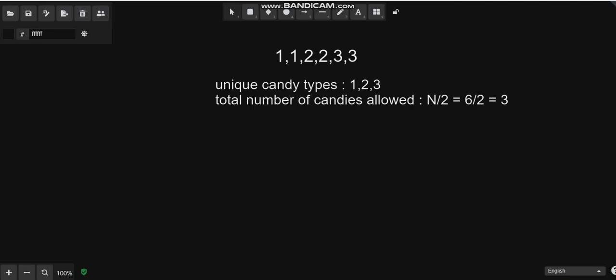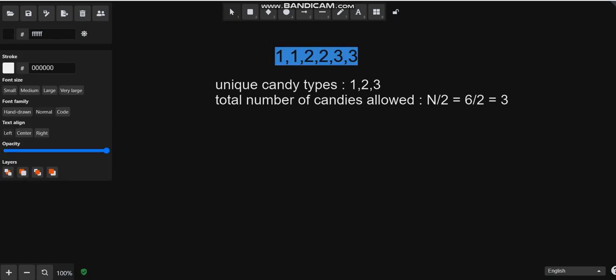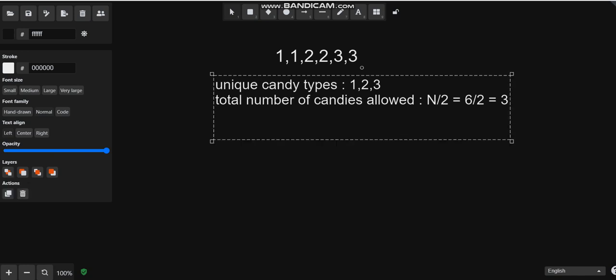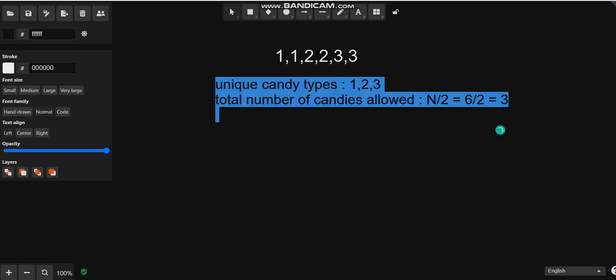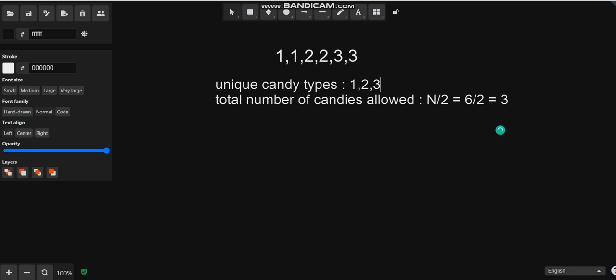Maybe you can check the solution now. The solution is pretty straightforward. As we know there are different types of candies, we will find all the unique candy types. So the unique candy types are 1, 2, 3, therefore the size would be 3 in this case, right?